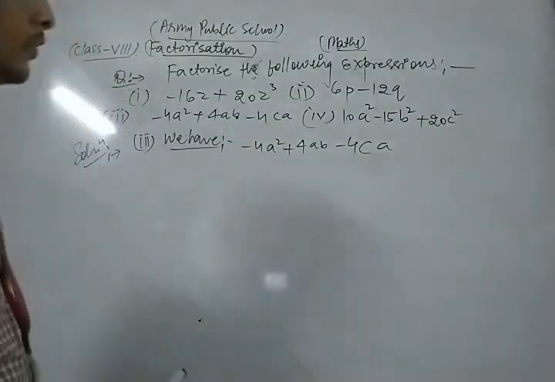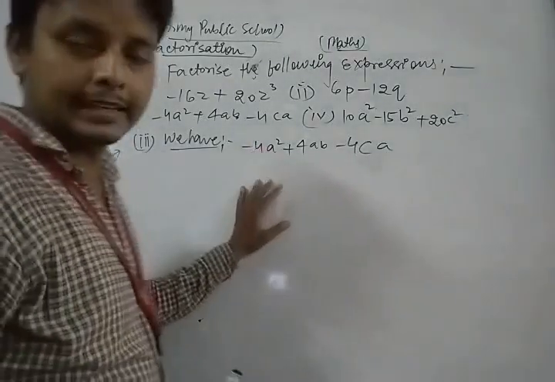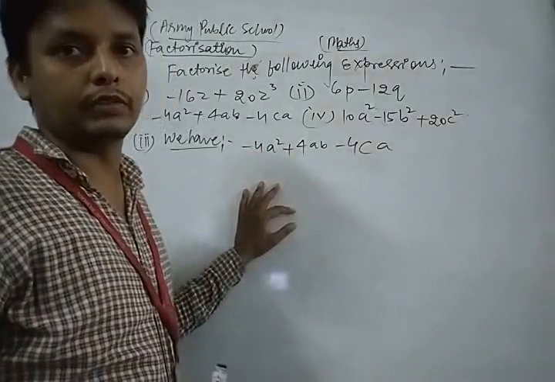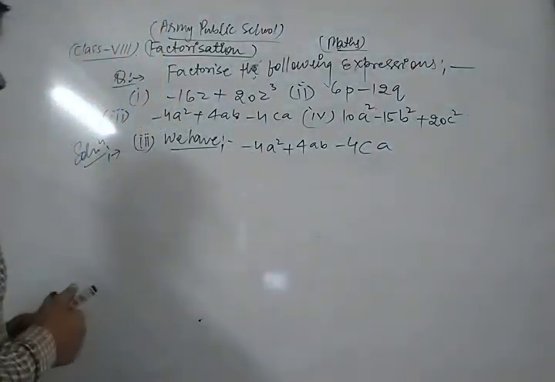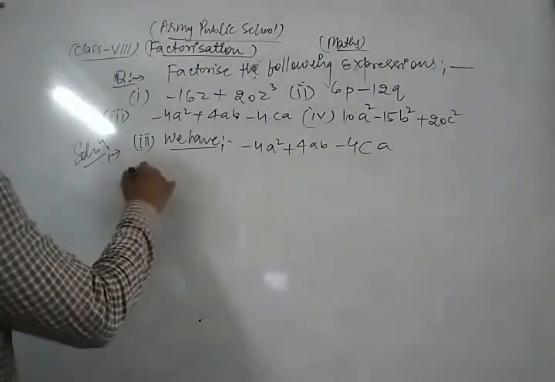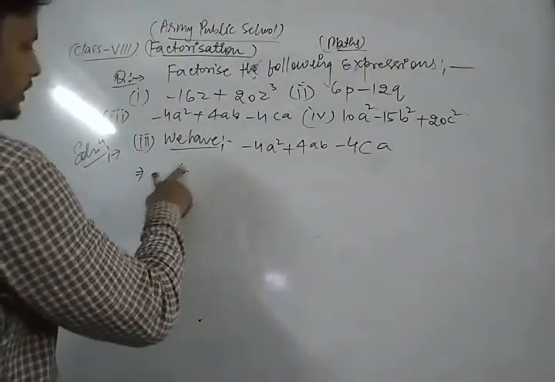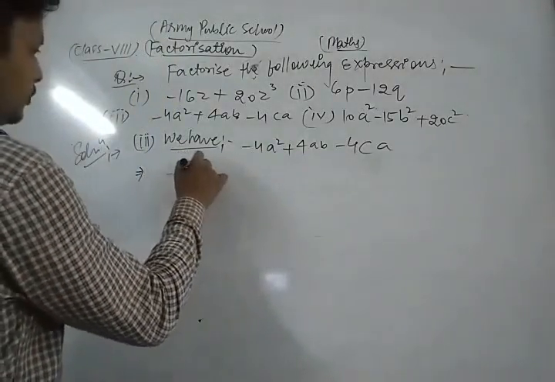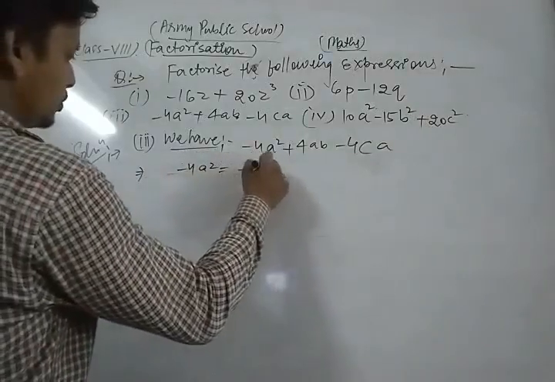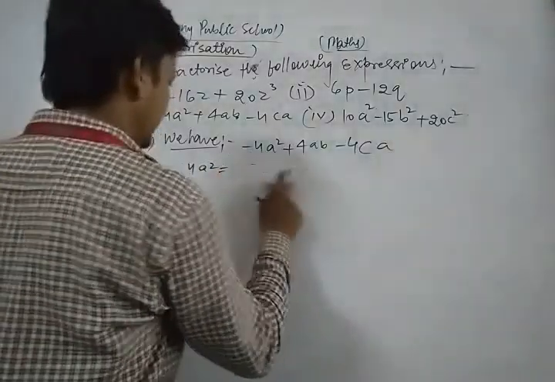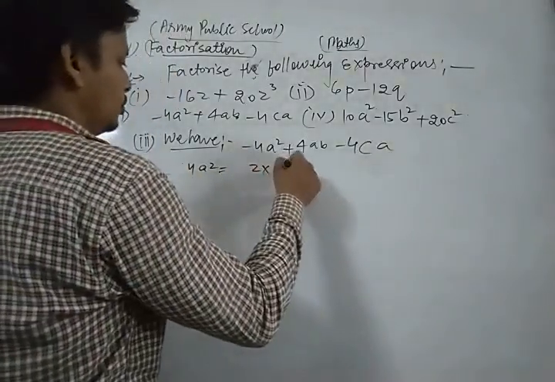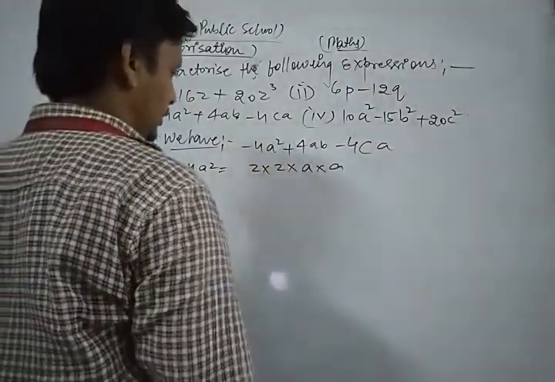Now look, there are 3 terms in this algebraic expression, so we take them one by one and do their prime factorization. First we take minus 4a square, so we get 2 into 2 into a into a.